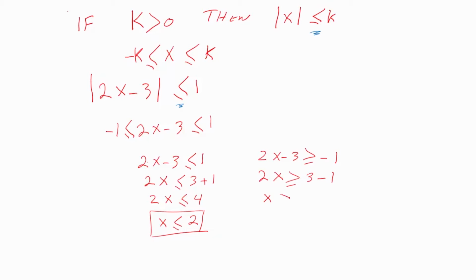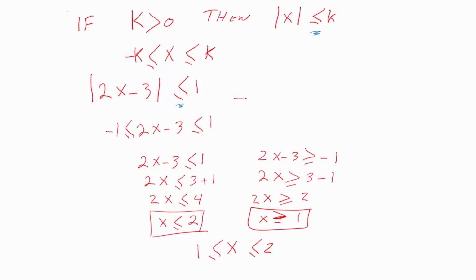Therefore, 2x is greater than or equal to 2, x greater than or equal to 1. So this is the answer to this problem. That means x has to be less than or equal to 2 or greater than or equal to 1. So anywhere between 1 and 2 is the answer.